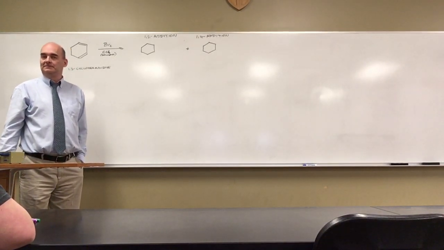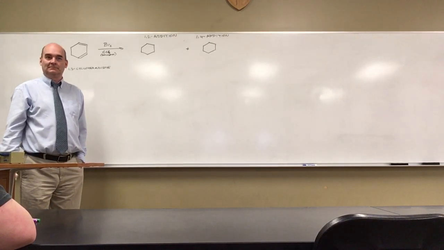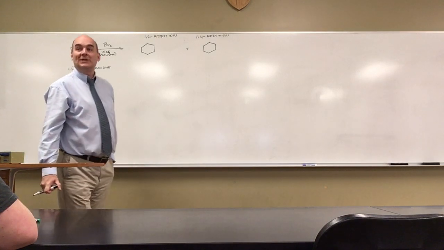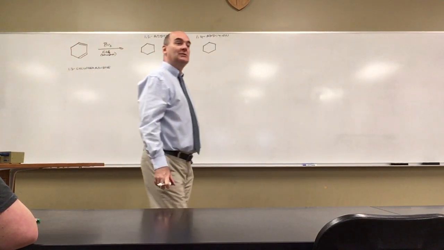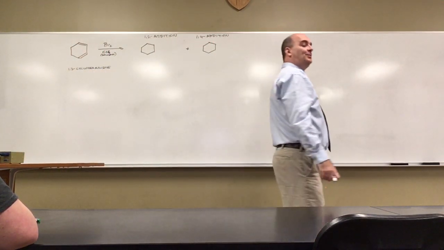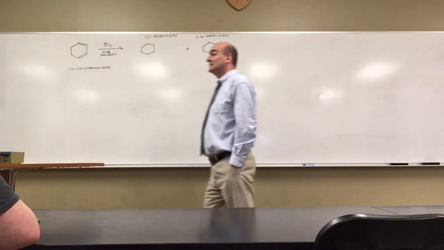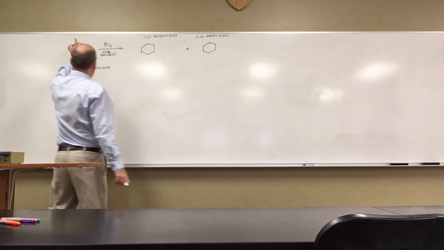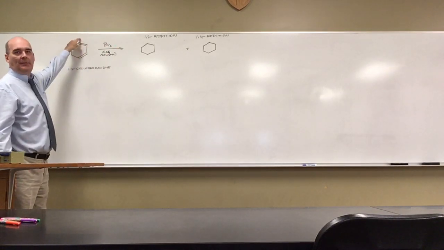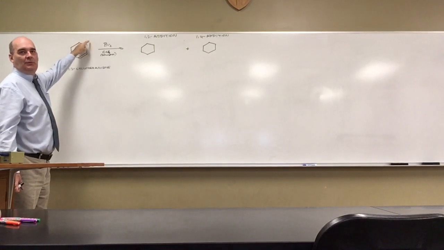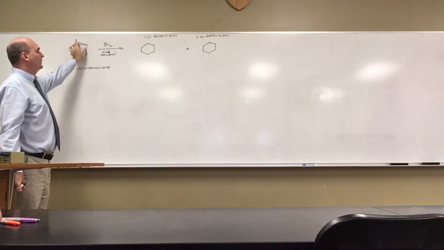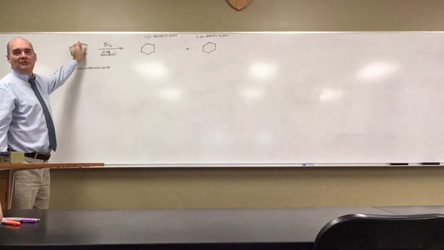Who's drawn it? 1,2 addition means that both of those bromines have added across the same double bond. Let's call this carbon number 1. That's 2, 3, and 4. I've got addition of bromine across that double bond.